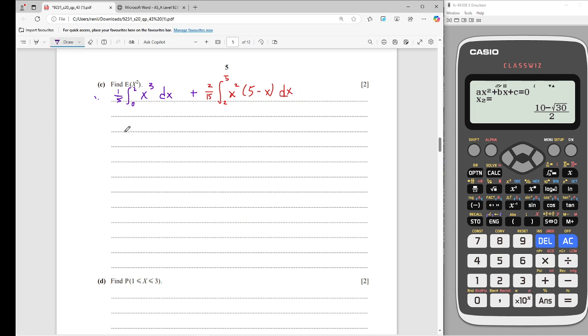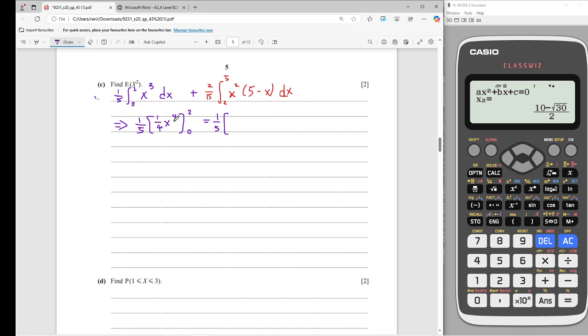So for the first one, once we integrate, we get here 1 by 5 times 1 by 4 x to power 4 with limits 2 and 0. Now you know that when you plug in the value of 2 in here, we get 1 by 5 times 1 by 4 times 2 to power 4. 2 to the power of 4 is 16.